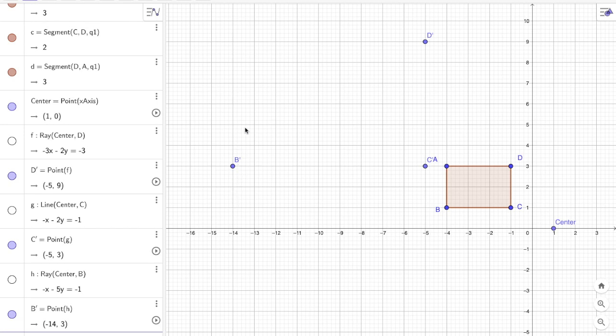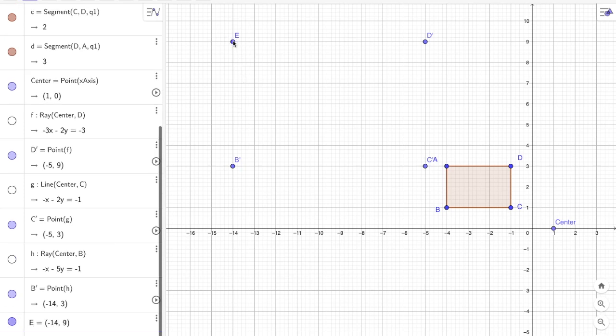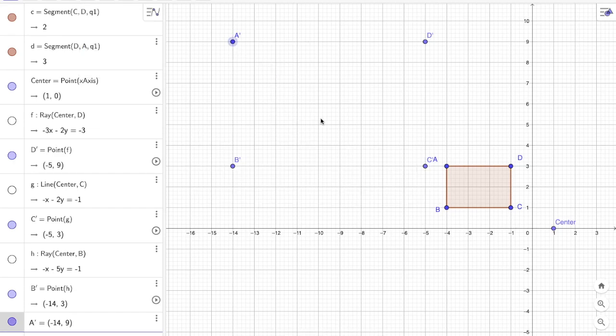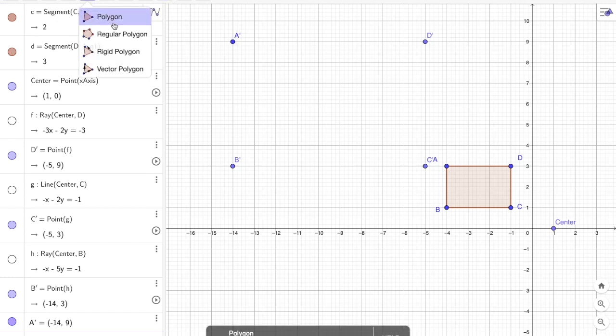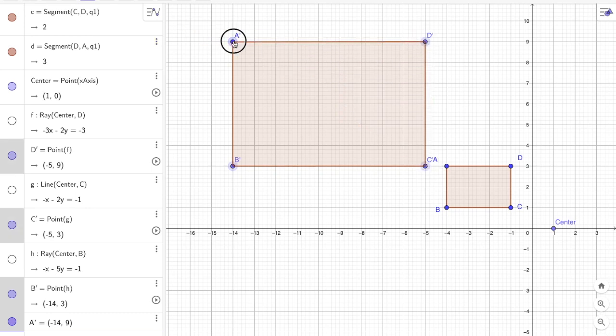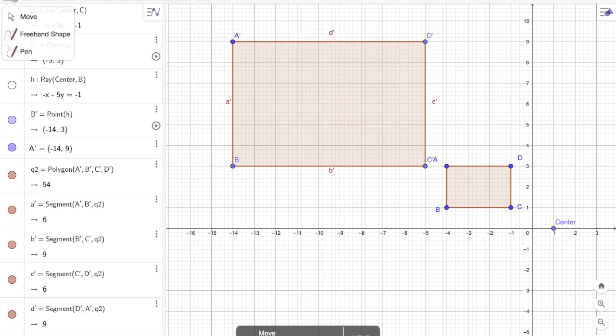So 1, 2, 3, 4, 5, 6, 7, 8, 9. That puts A prime right there. So when we connect all these 4 points together, we should see a dilated image by a factor of 3.